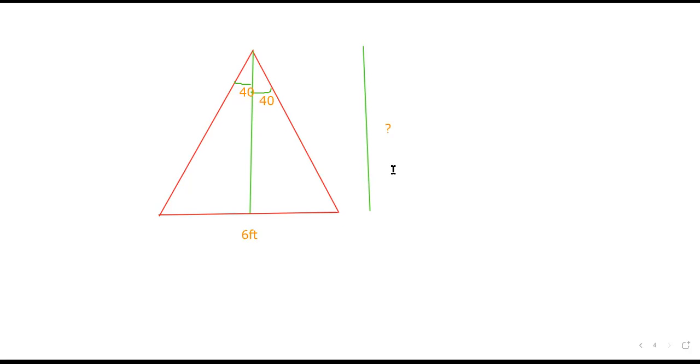What you have to do is, you are looking for the height.